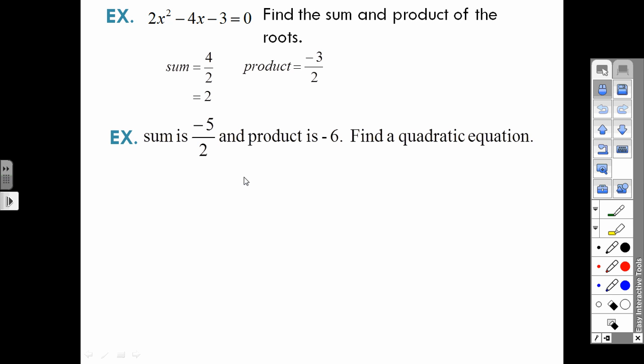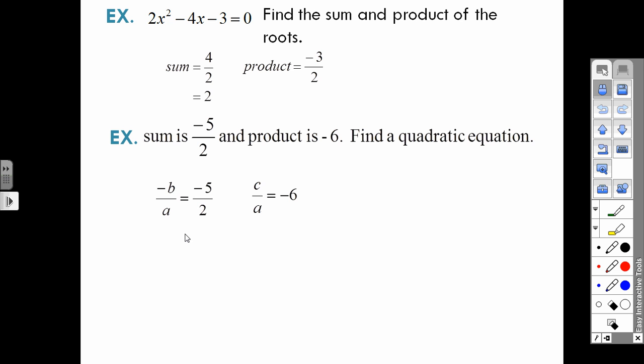The sum is negative 5 over 2, and the product is negative 6. Find a quadratic equation. If we think about it, they're giving us the sum as negative 5 over 2. If we set that equal to our formula, negative b over a, we get this nice equation. The product is negative 6, so that can be set equal to c over a.